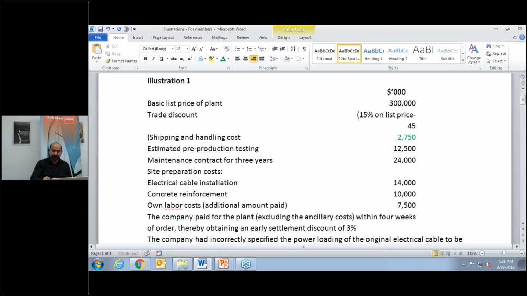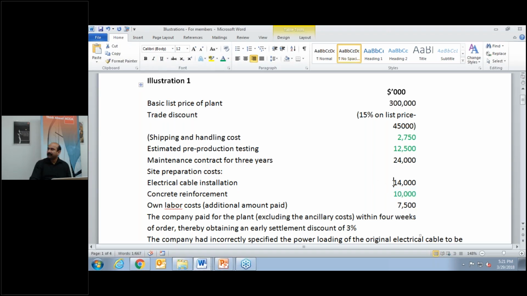Then estimated pre-production testing will be there, no problem. Maintenance contract should not be there. Why? Because maintenance is like your ongoing repair and maintenance, so this will not be there, even if it is for 10 years or 15 years. Then electric cable installation, this 10,000, and concrete reinforcement, of course, should be there.